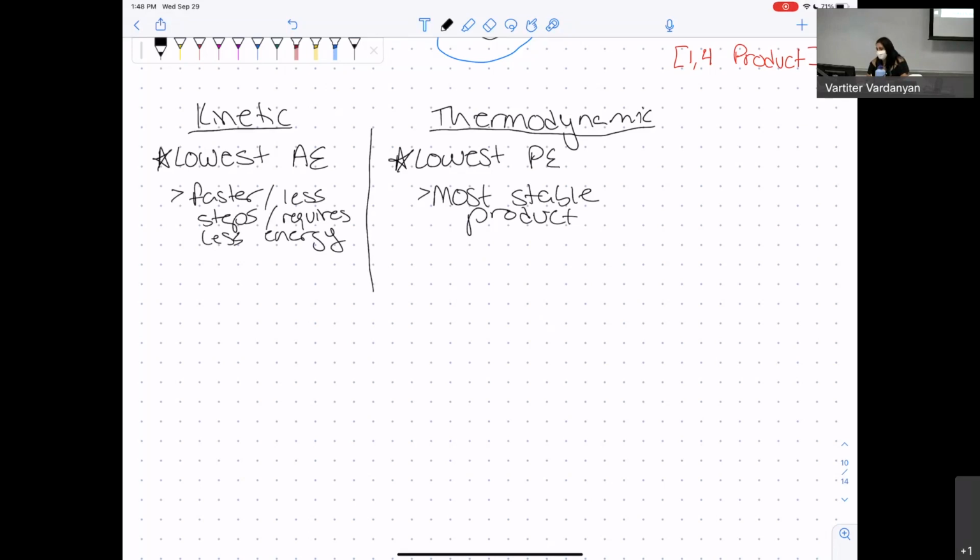We're also going to say that thermodynamic is favored in high temps and kinetic is favored at low temps. We can talk about this a little bit more next time. But based on this information, we're going to assign kinetic or thermodynamic to the 1,2 and 1,4 products.